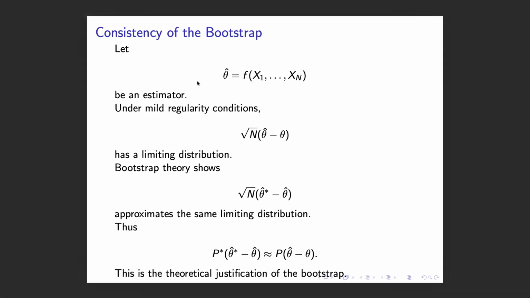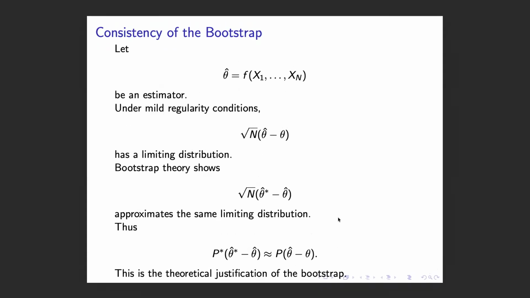If you let this be an estimator, so this could be the mean value as a typical estimate, there's something called a mild regularity condition from statistics, and this has a limiting distribution. You can prove, and this was done by Efron and many others, that the theory shows that this one approximates the same limiting distribution.